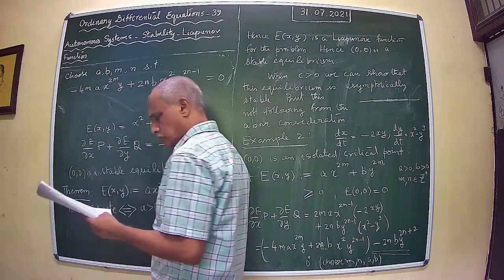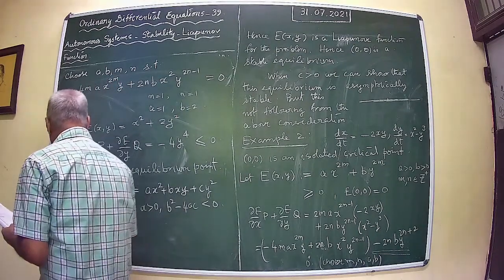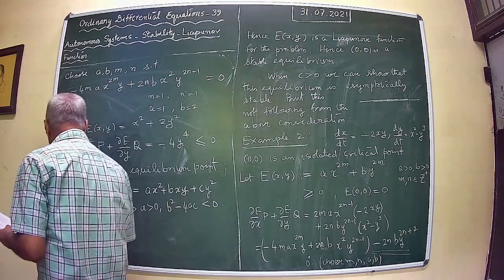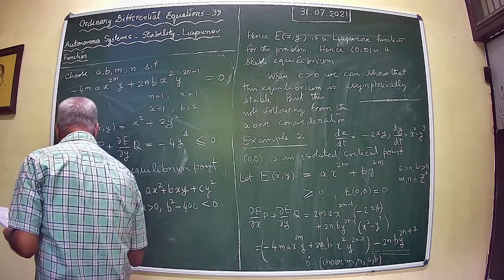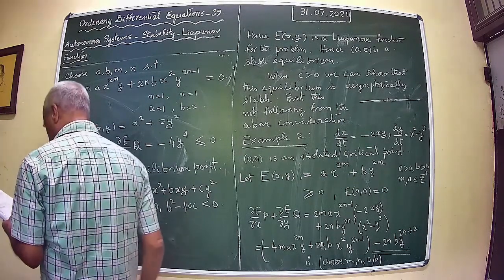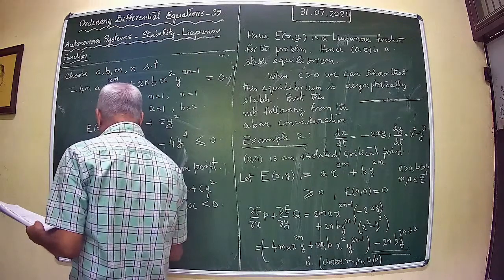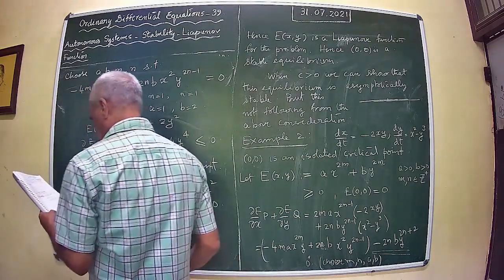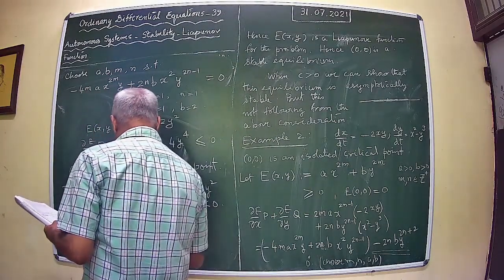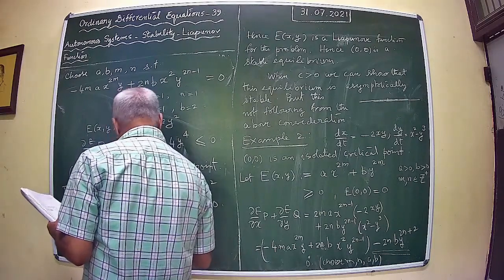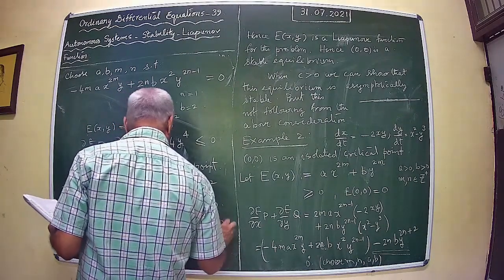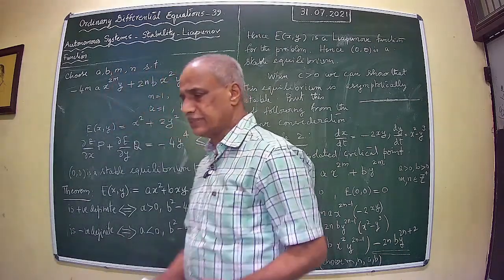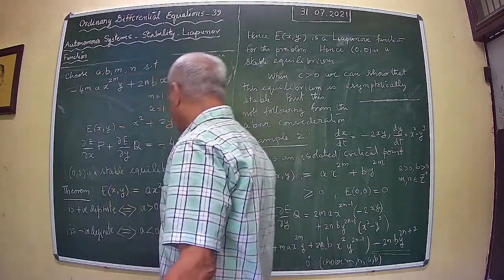That is easy to prove, and it is negative definite if and only if a is negative and b square minus 4ac is negative. That's a general theorem to fix such functions.